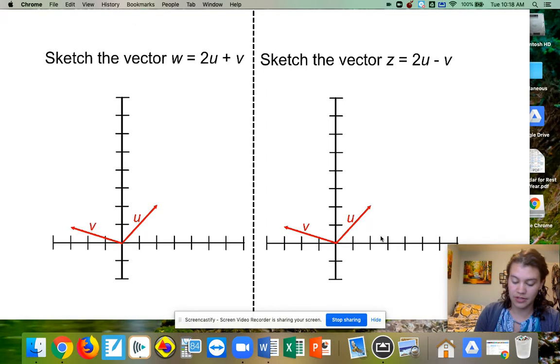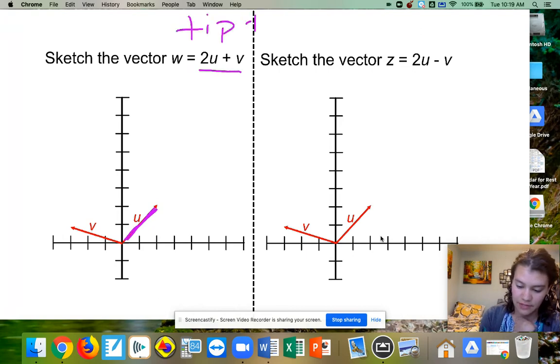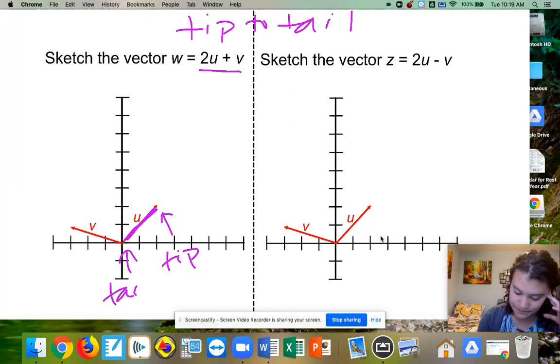Okay, so sketching a vector. Here, if we have 2u plus v, we want to take this u vector and add another one on. You always want to add things on tip to tail. This is tip to tail. So your tip is where your arrow is, and then the tail is like the other end.